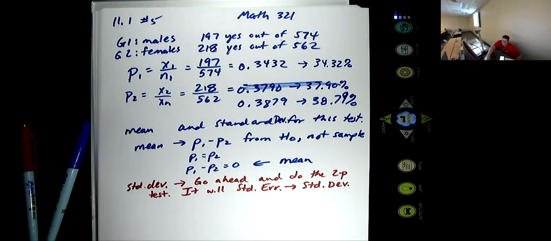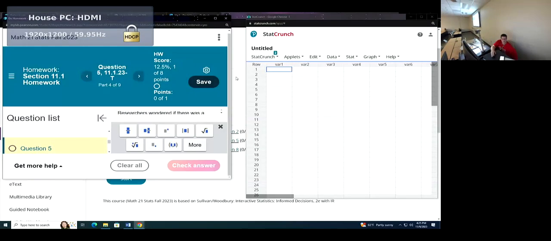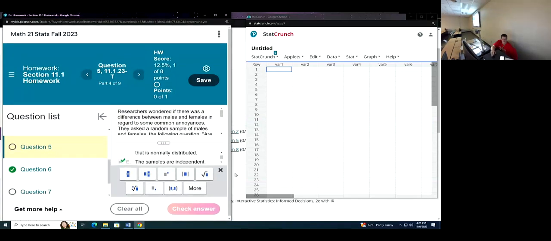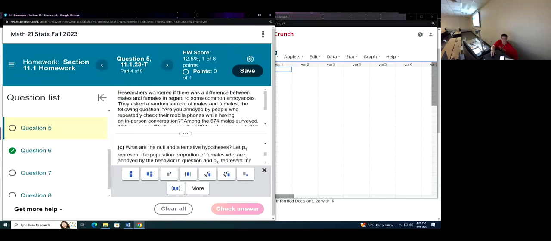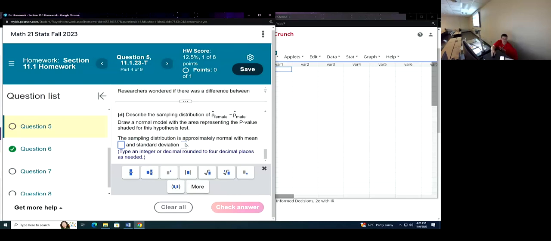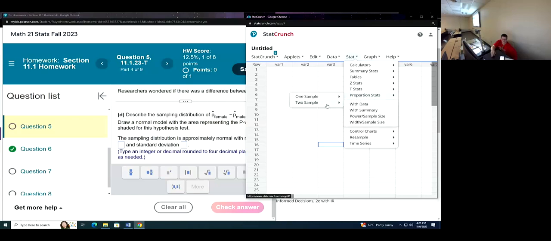Okay, I'm going to come over here and do what we just talked about. I already have StatCrunch open, so I'll use the one I have open already. Stats, proportion stats, two sample with summary.